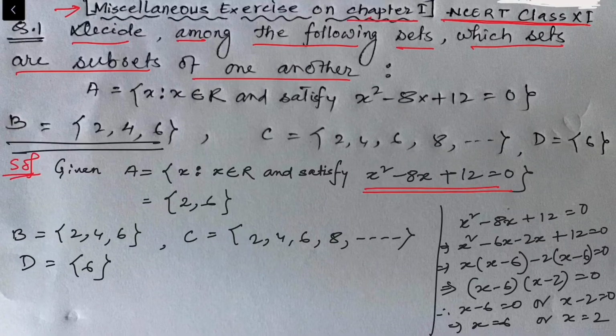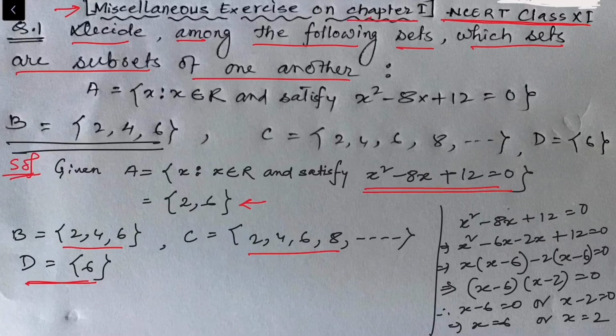Okay, so now let us determine which set is subset of which sets. Okay, so here you see this set D contains only one element, that is 6. Okay, and that element is present in all the other sets, set A, set C and set B. So D must be the subset of all those remaining sets.